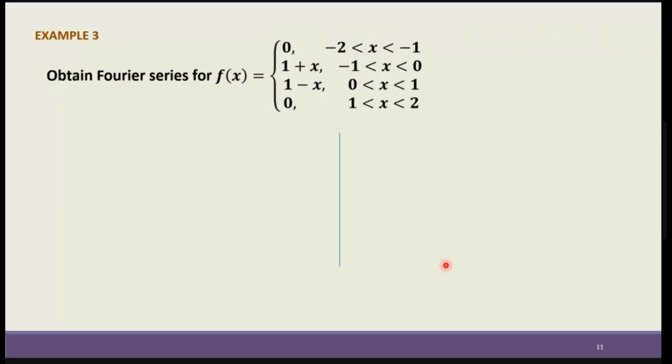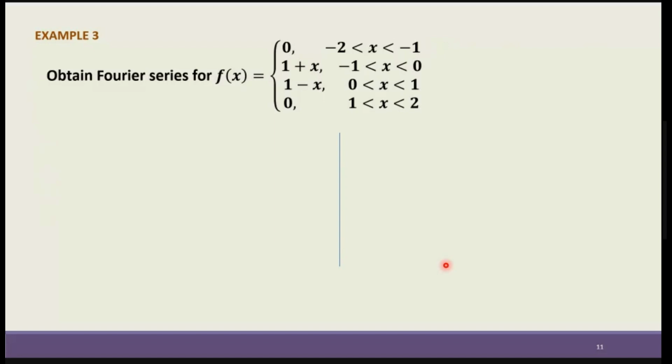अभी यहाँ पे 4 इंटरवल्स दिए हैं, 0, 1 + x, 1 - x, 0। तो पहले हम क्या करेंगे, x को -x पुट करेंगे फर्स्ट इंटरवल में। तो क्या आएगा आंसर?